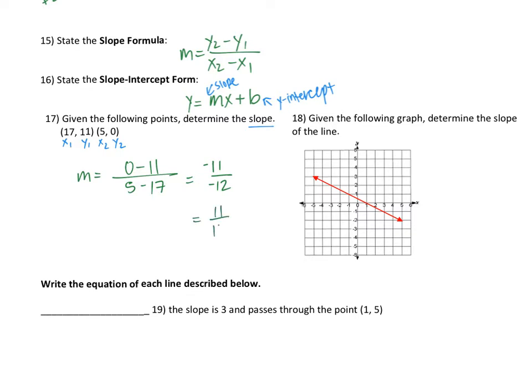So it's just 11/12. I can't reduce that, so my slope here is truly just 11/12, which is fine. I'll just leave it as a fraction.